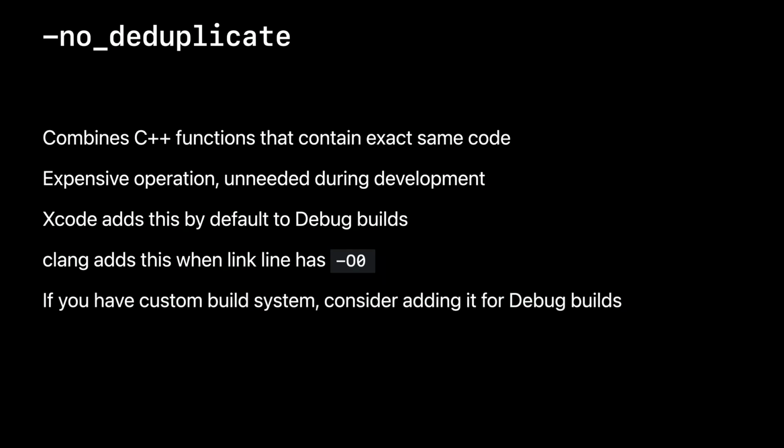In summary, if you use C++ and have a custom build that is either using non-standard configuration in Xcode, or you use some other build system, you should ensure that your debug builds add -no_deduplicate to improve link time. The options I just talked about are the actual command line arguments to ld.